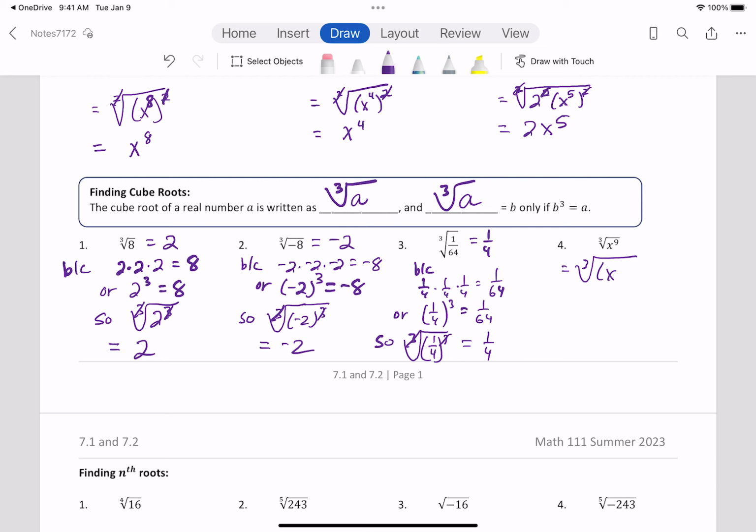I want x to some power to the 3rd because the index is 3. So I want to know what times 3 right here will give me 9, and that is a 3. Sorry, that's a lot of 3's. So this one and this one can cancel, and that leaves me with x to the 3rd.